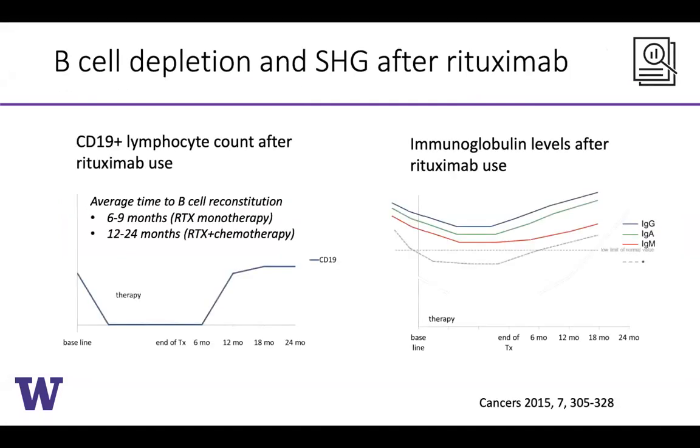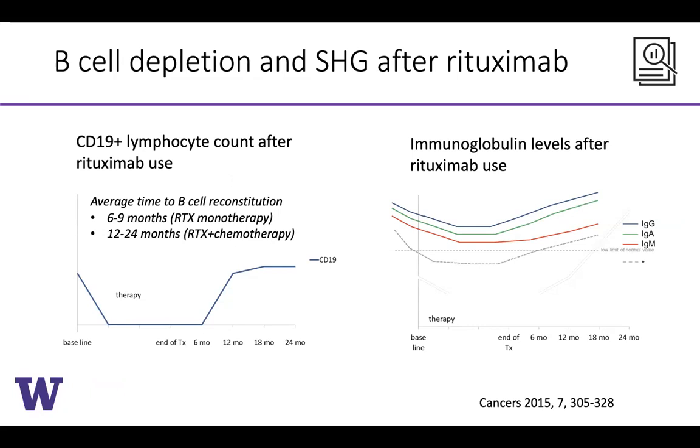This is a cartoon from a paper that shows a schematic of the time to depletion and recovery of B cells and immunoglobulin levels after use of rituximab. And you can see that the most commonly listed time to recovery of B cells is between 6 and 9 months if it's rituximab monotherapy, but can be longer if additional immunosuppression or chemotherapy has been used.